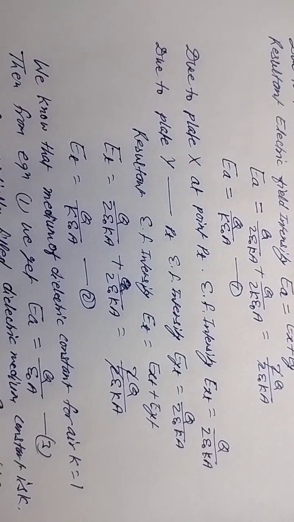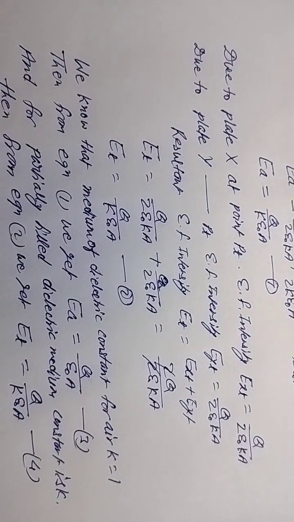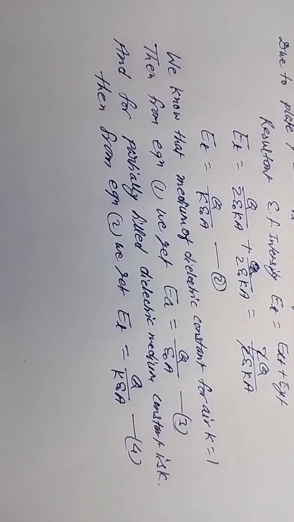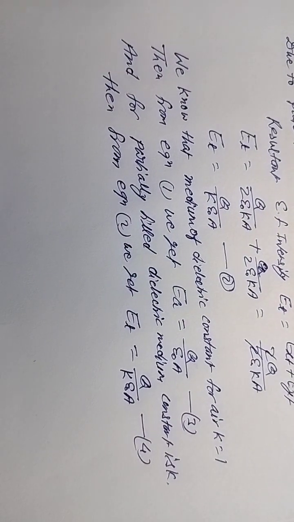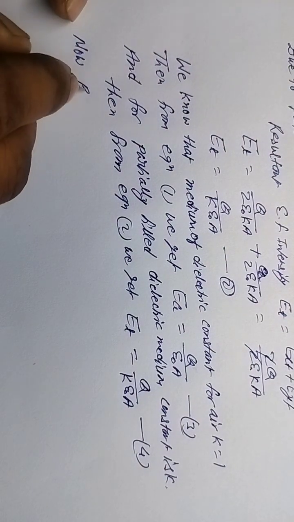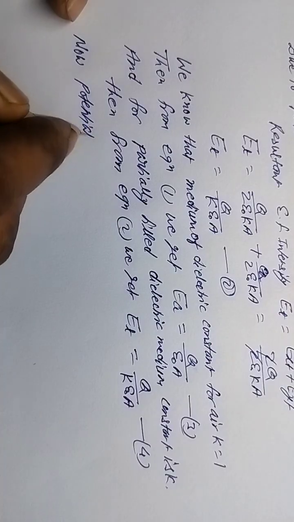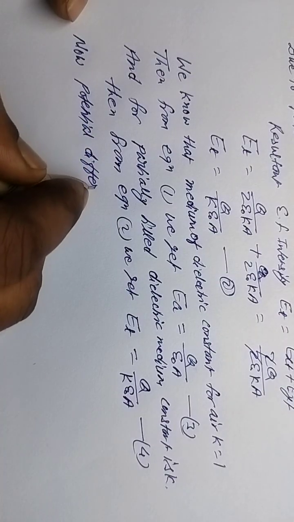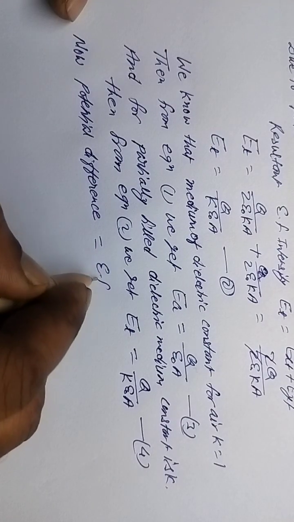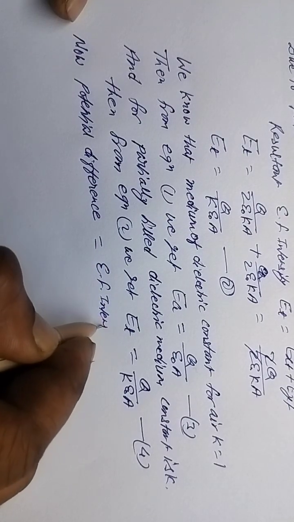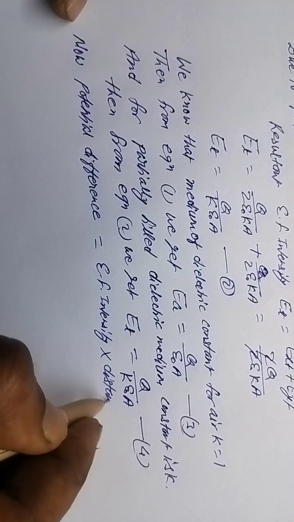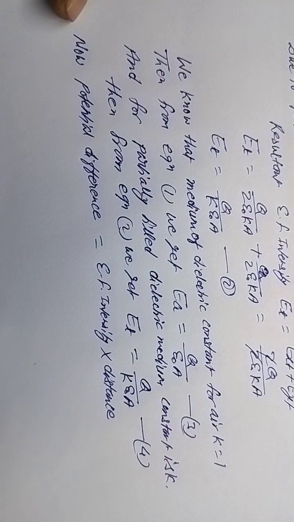Now we will find the potential difference between the two plates, X and Y. The potential difference is equal to the electric field intensity multiplied by the distance between the two plates.